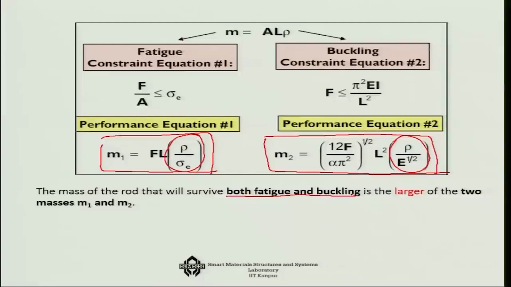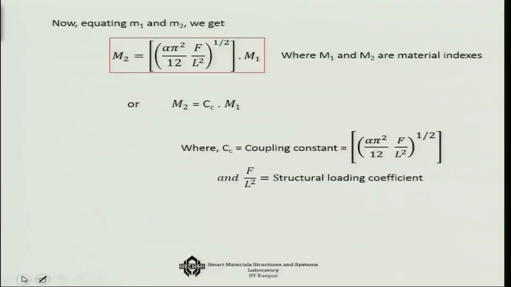So the best solution is when both almost get violated at the single point, if I equate M1 equals to M2, and then I am going to get this particular expression corresponding to M1 equals M2, that is the force part of it.